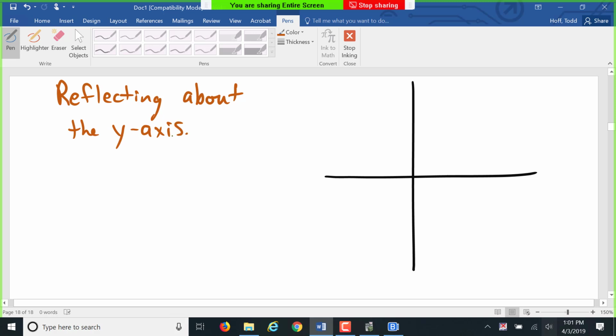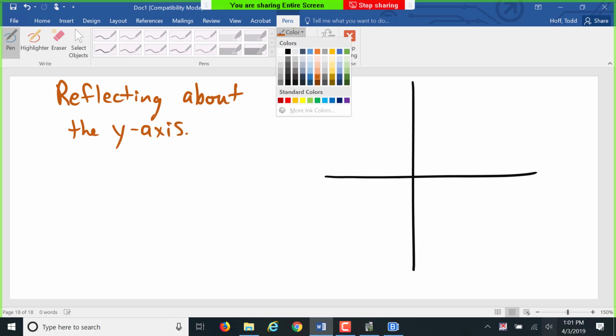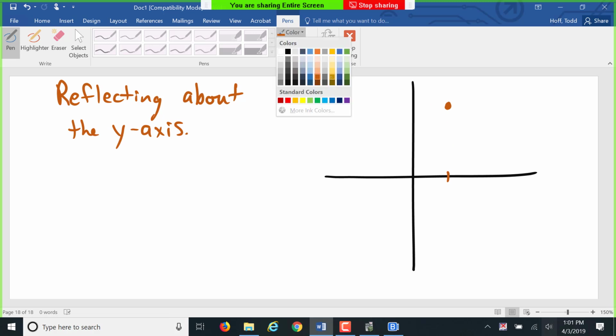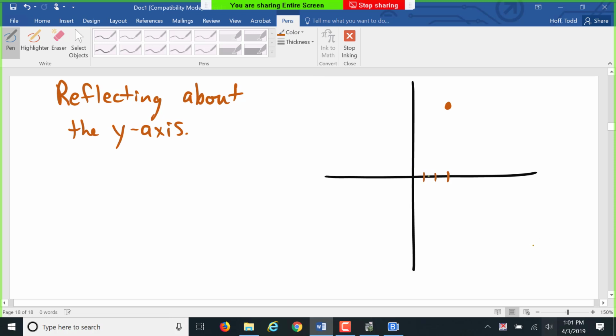This is the most common one usually used. So reflecting about the y-axis, the point that's on the right side of the axis is now going to have its image on the left side of the axis, on the other side.